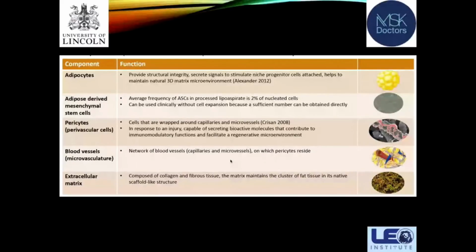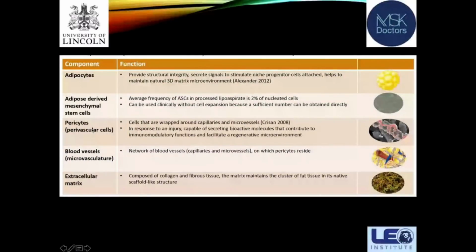The cells within the fat are, just to recap, the adipocyte, which is the fat cell itself, some adipose-derived stem cells, and the most important, the pericyte. And of course you have your blood vessel, and the extracellular matrix, which is the bit that joins everything together.